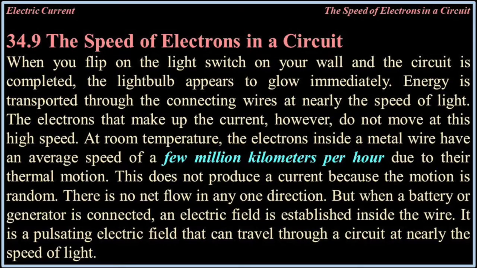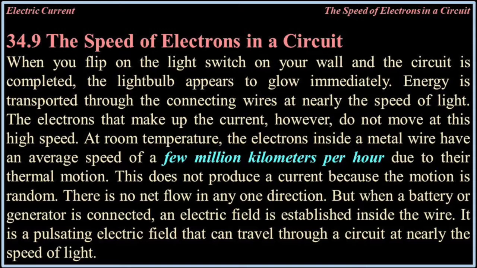34.9. The speed of electrons in a circuit. When you flip on a light switch on your wall and the circuit is completed, the light bulb appears to glow immediately. Energy is transported through the connecting wires at nearly the speed of light. The electrons that make up the current, however, do not move at this high speed.